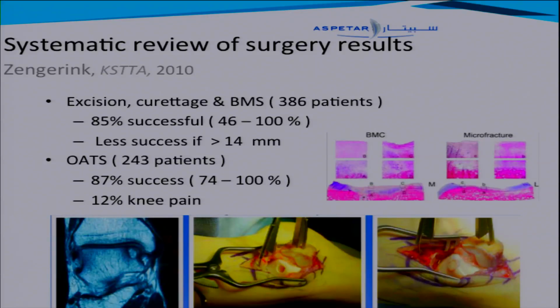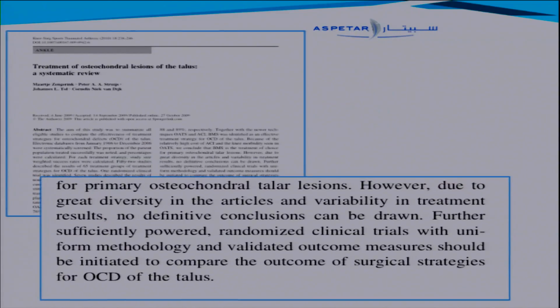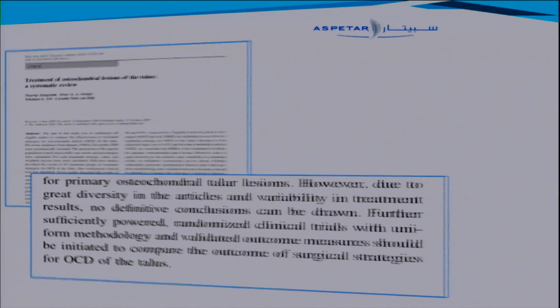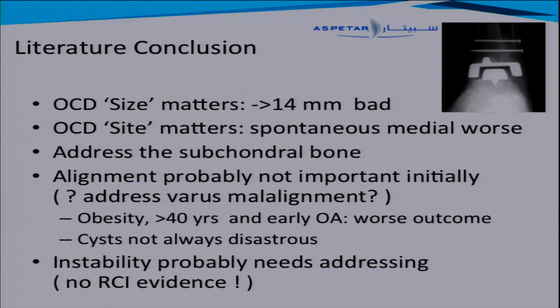And we use the OATS technique, which I will show you, with good success in bigger lesions, although there is the harvesting problem with morbidity in the knee where it mainly comes from. Now, this review showed that we cannot draw definitive conclusions nowadays, and further studies are, of course, necessary to really know how to deal with every specific kind of lesion.